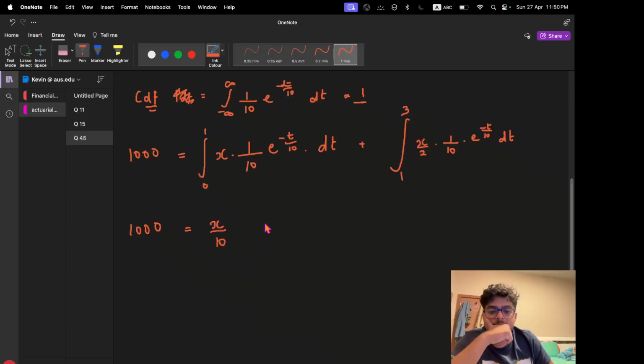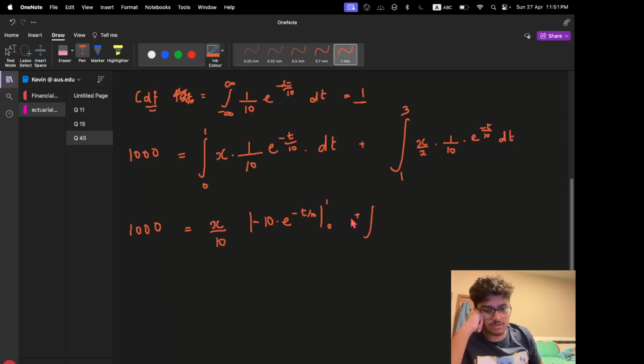The integral of e to the x obviously is e to the x divided by that one, so 1 by 10 minus 1 by 10, so that becomes minus 10 times e to the minus t by 10, from 1 to 0.